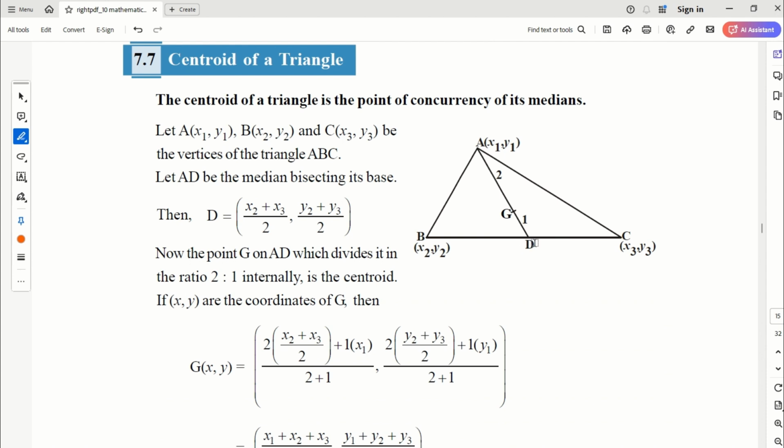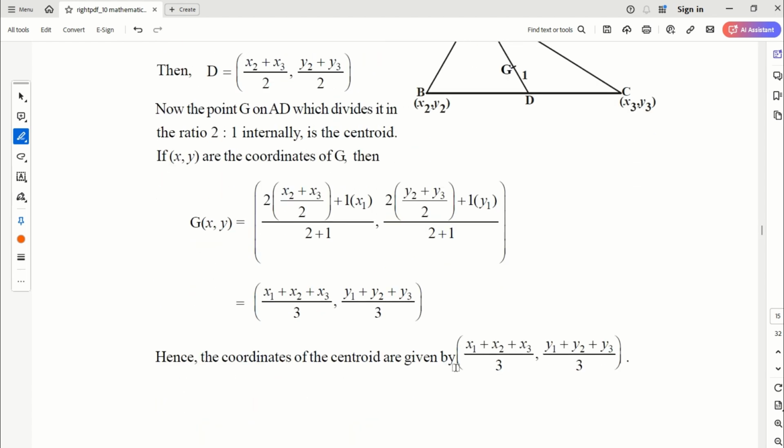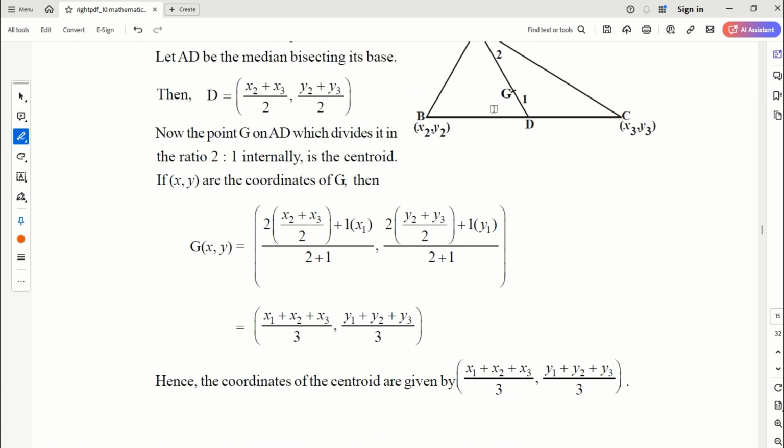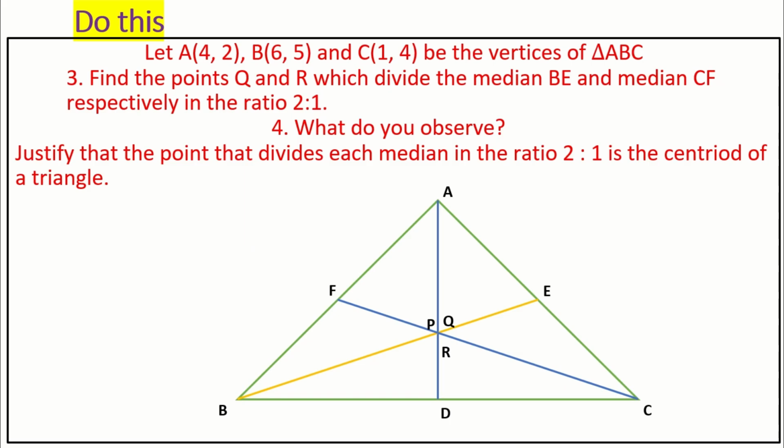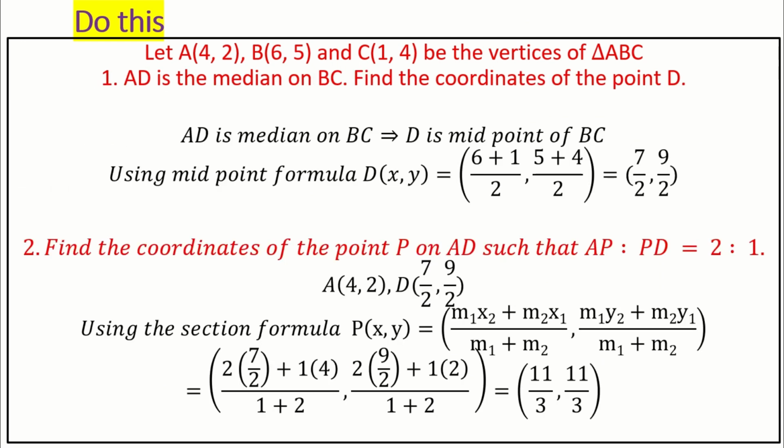You first find the midpoint D of these 2 points, which is ((x2 plus x3)/2, (y2 plus y3)/2), and then find the 2 is to 1 ratio point on AD. What you will get is the centroid G, which is ((x1 plus x2 plus x3)/3, (y1 plus y2 plus y3)/3). So let's cross check once. Here is what we got.